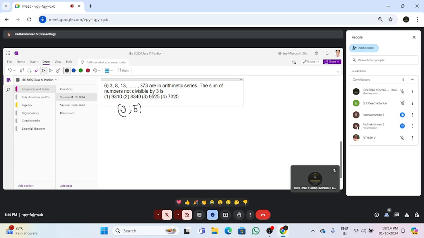In this, the first term 3 is divisible by 3. Next terms 8, 13, then 18 and it goes on. So this is divisible by 3. This is not divisible by 3. This is not divisible by 3. Again, this is divisible by 3.